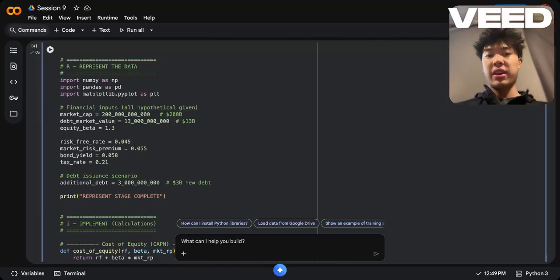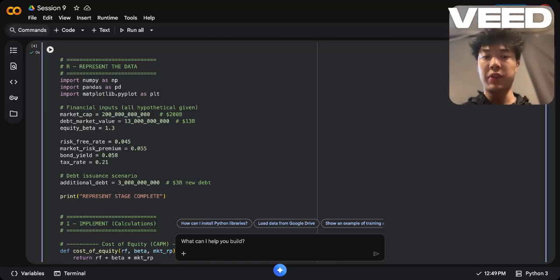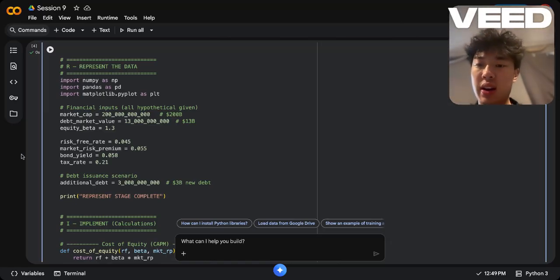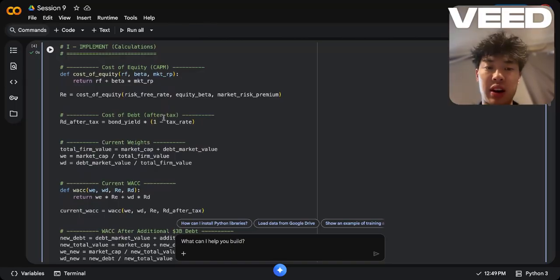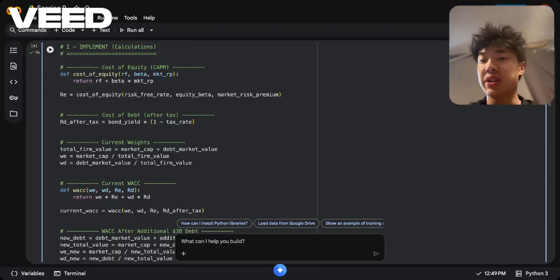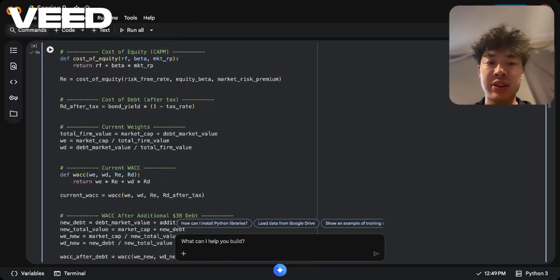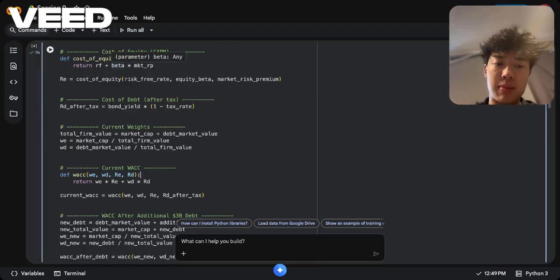Once I ran everything, I moved on to implement. This is where I wrote the actual code, and the code starts doing the financial math. The first thing I did was compute the cost of equity using the CAPM model: risk-free rate plus beta times the market risk premium, which makes sense for a high beta, high volatility media company.